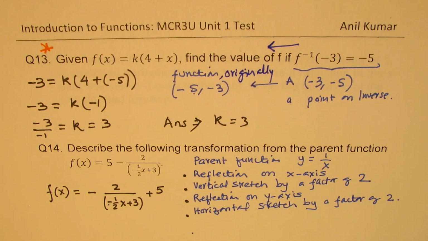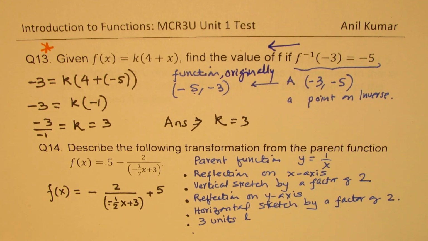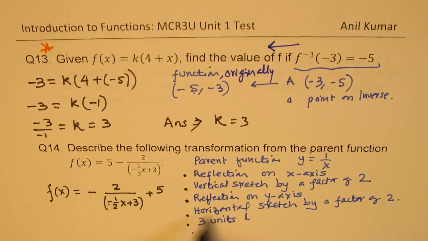So let me combine translations together. So now we have 3 units. This is left, wrong. What we have to do here is factor minus half first and then rewrite. So that would be wrong, okay?